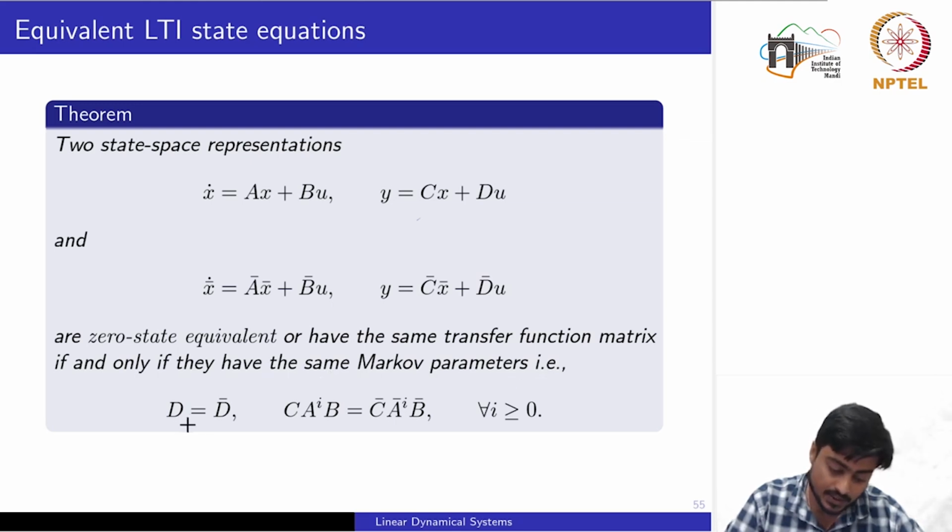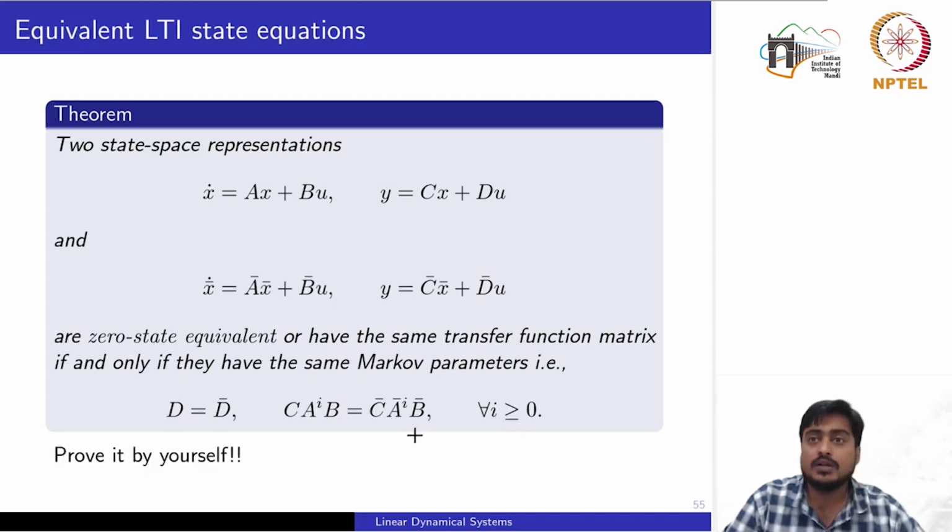That is, D equals D bar and C A^i B equals its bar counterpart for all i greater than or equal to 0. The proof of this result you can do by yourself. It is pretty much straightforward.